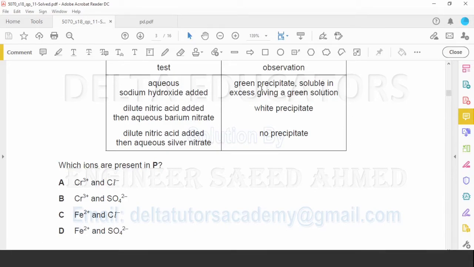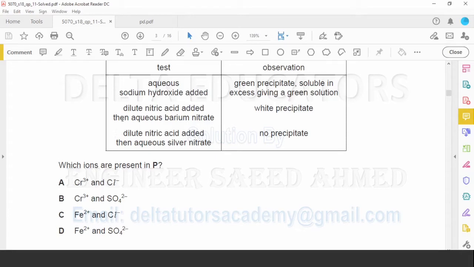Here the observation is a green precipitate. We get a green precipitate in all four options. Chromium also gives a green precipitate and ferrous solution also gives a green precipitate. But it is given here soluble in excess. Ferrous hydroxide is insoluble. So C and D are not possible. Our possible options are A and B only.